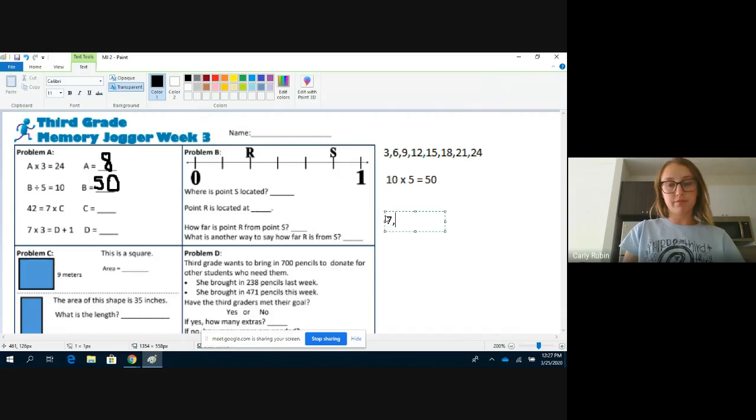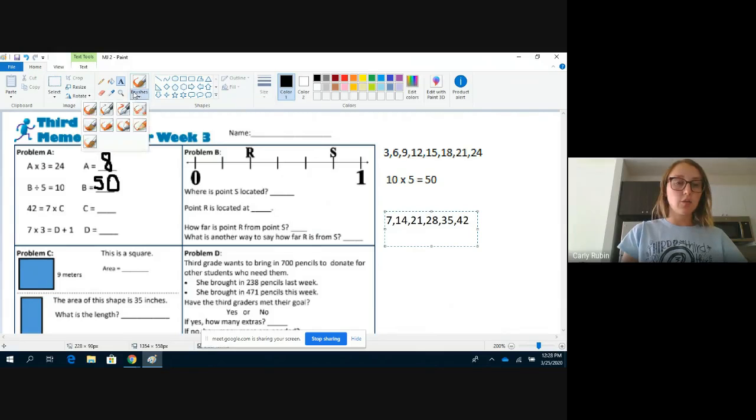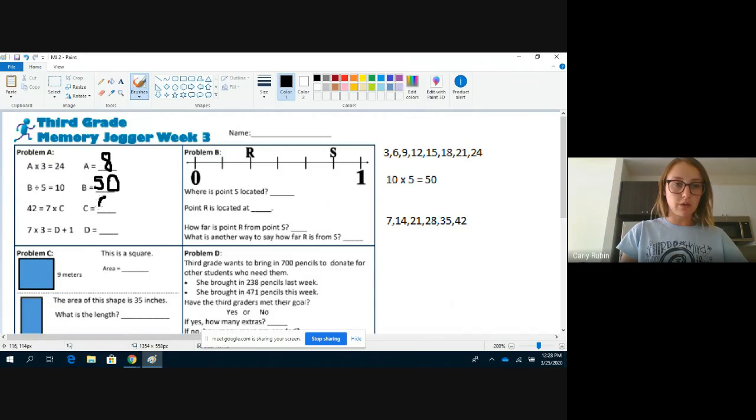Starting with 7, 14, 21, 28, 35, 42. And that means I skip counted 1, 2, 3, 4, 5, 6 times. So 7 times 6 would give me 42. So C equals 6.